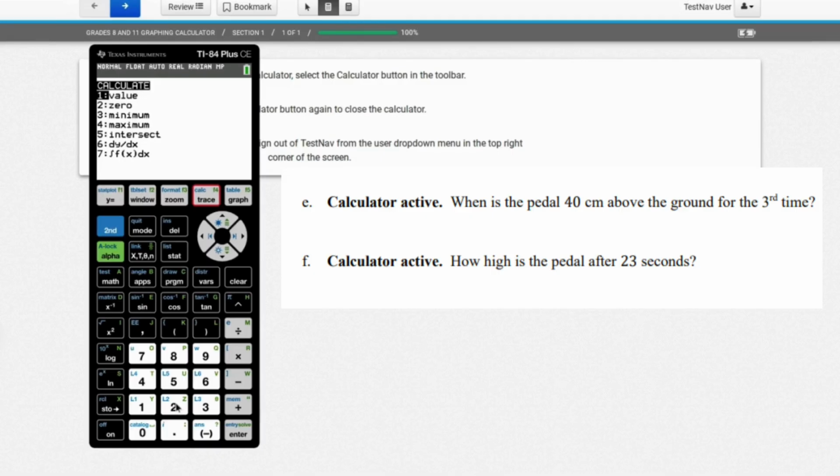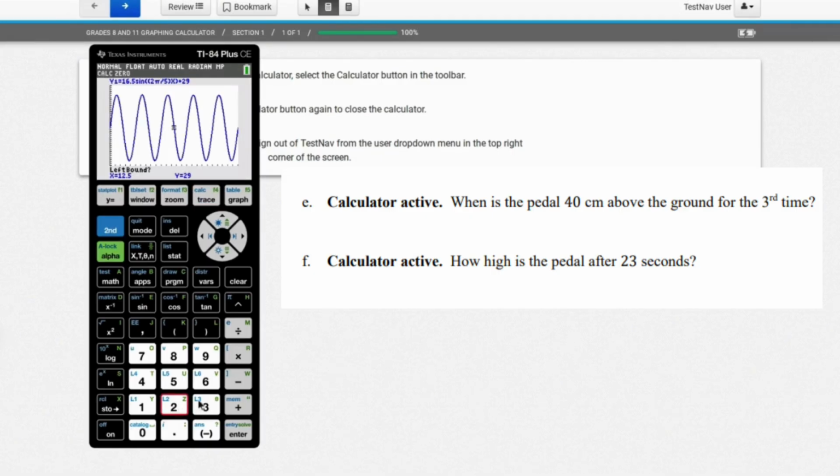Now, why did I have to extend my graph? Because it won't let us do anything. Uh-oh, did I do something wrong? I did. Second calc, value, enter. It won't let me do it unless I could see it on the graph. So that's why I had to move it out to whatever I did. So I'm going to type out 23, and that gives us 19.3015, so 19.302, and that should do it.